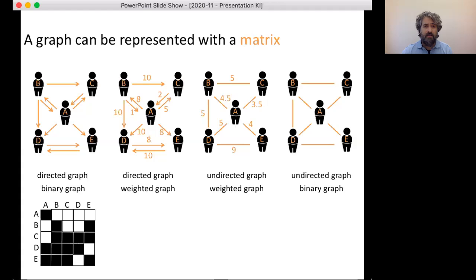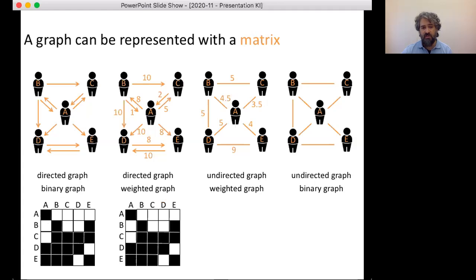And E is connected with D, and that's it. So you see, this is the directed binary graph corresponding to this graph. This is its corresponding adjacency matrix. We can do the same with a weighted version of the adjacency matrix, where we just fill in, instead of black and white, also the values. In this case, all the black cells are assumed to be 0.